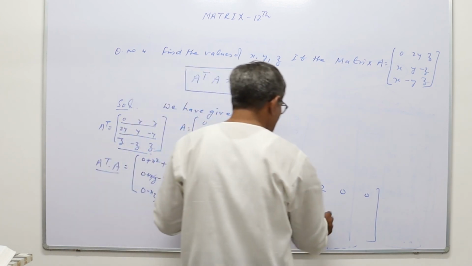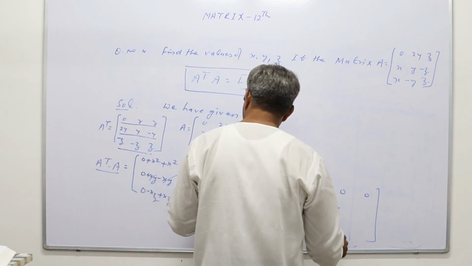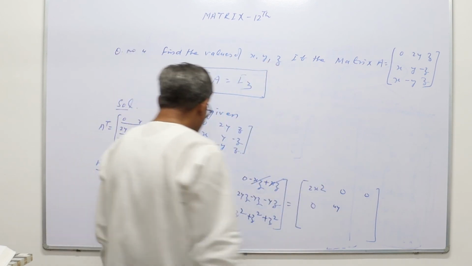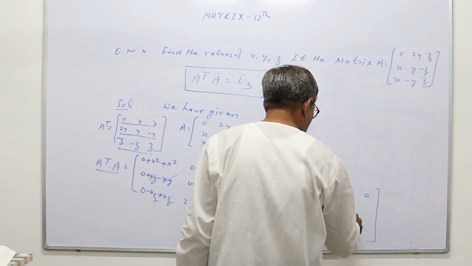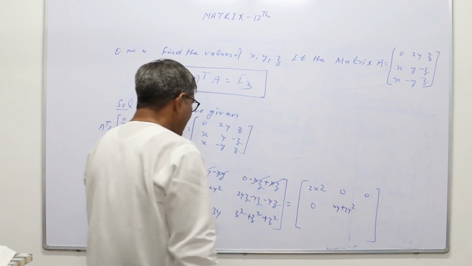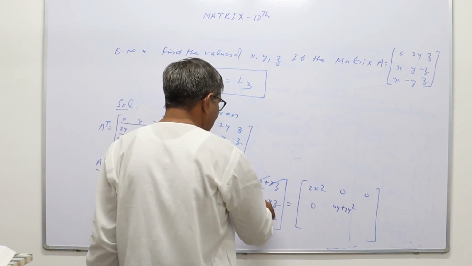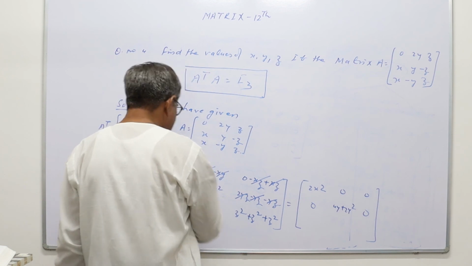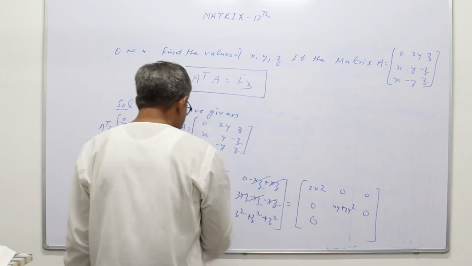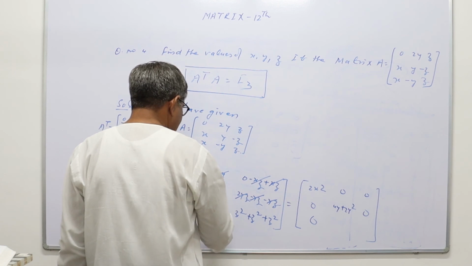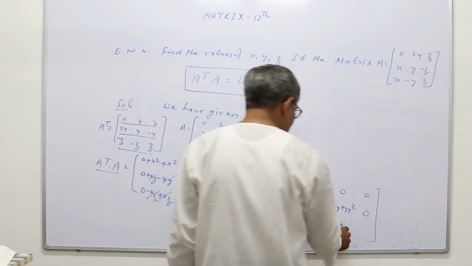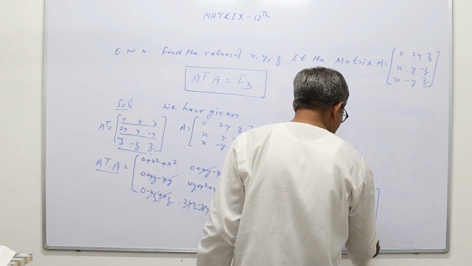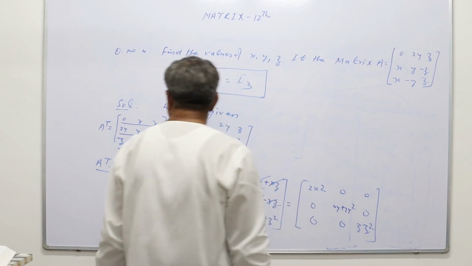Here 4y plus 2y square, here 2yz minus yz will cancel out, so this is also 0. Then minus 2yz and plus 2yz cancel out, so 0, and here 3z square. This is A transpose into A.